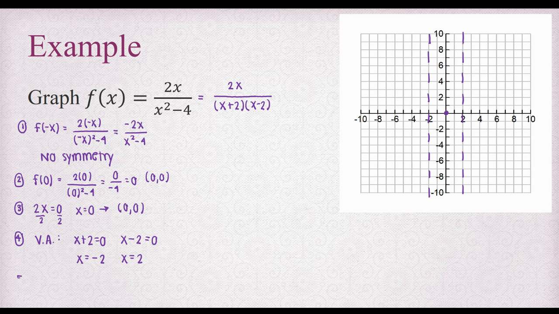Okay, fifth step is looking for horizontal asymptotes. So remember, that means we look at the degree of the numerator and the denominator. The numerator has degree 1, the denominator has degree 2. Because the top is smaller than the bottom, I'm going to have a horizontal asymptote at y equals 0.